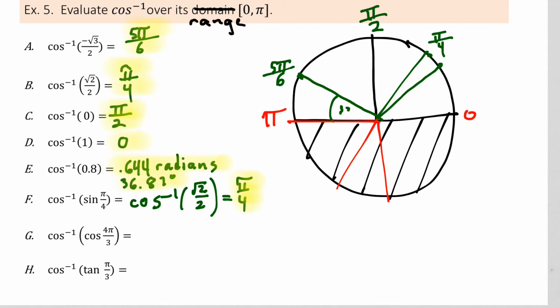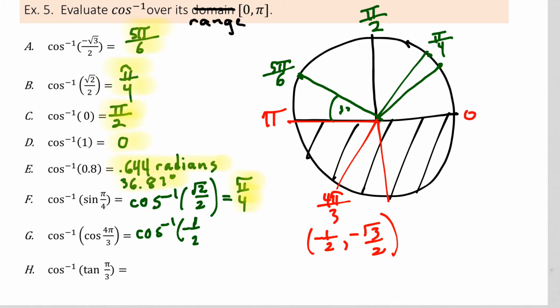So the cosine of 4 pi over 3 would be negative 1/2 cosine and negative root 3 over 2 sine. So we're talking about the inverse cosine of negative 1/2. Okay, so we haven't done that one yet.